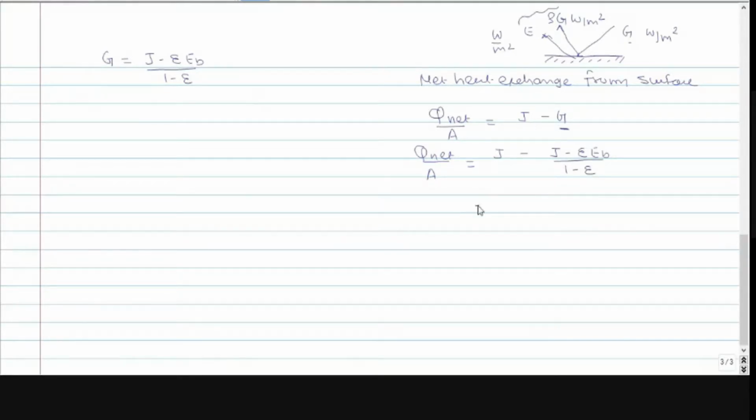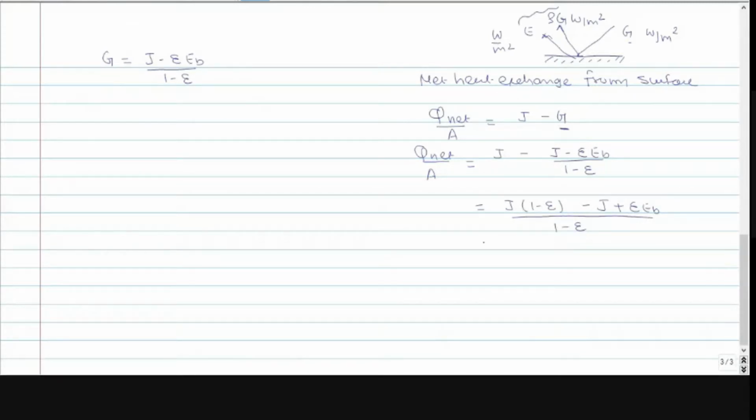Now I am taking the LCM, so it becomes J in the bracket (1 minus emissivity) minus J minus, minus plus. So I get the emissivity into the emissive power of black surfaces divided by 1 minus emissivity.